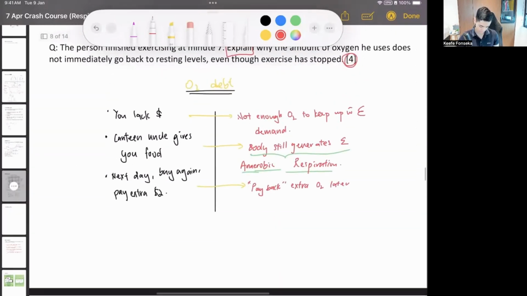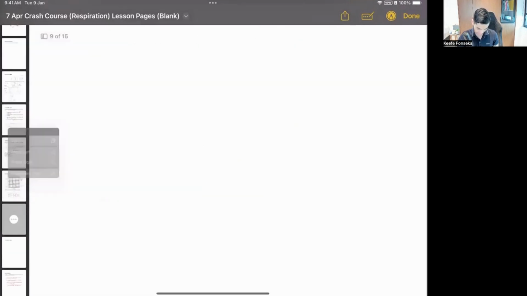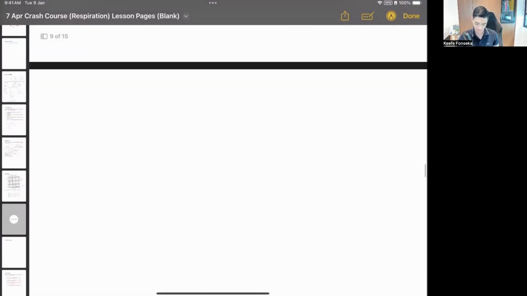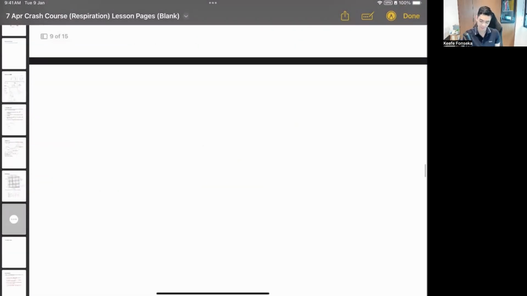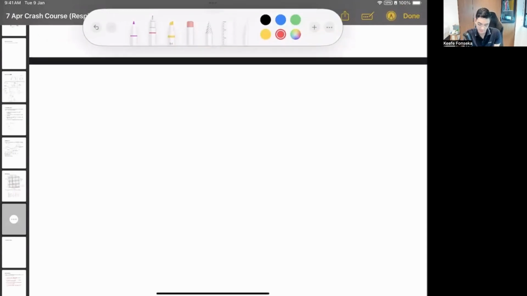Before I go through the answer, I need to teach you another thing, which is in this race or whatever his exercise was. Here's my question. During the exercise period, he used which of the two? Aerobic or anaerobic or both?